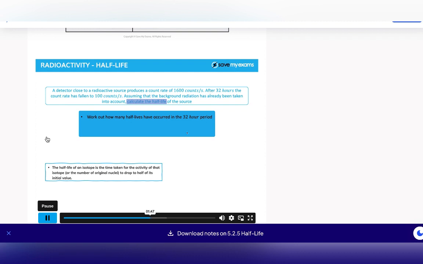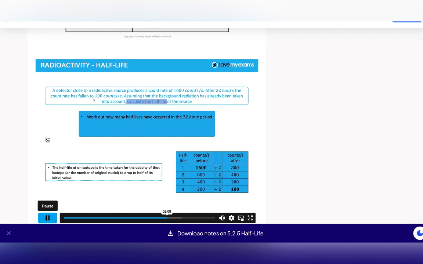Now, in answering this question, I've prepared a table. You can do this very simply on a calculator, or you can even do this one in your head. It's not particularly difficult arithmetic. What I've done is halve the activity or the count rate, and I've just kept on halving it until I get back to 100. So let me show you what that looks like.